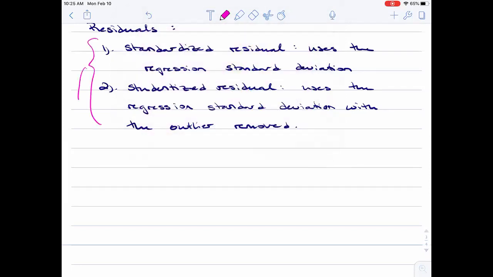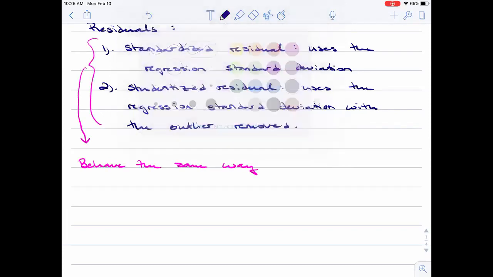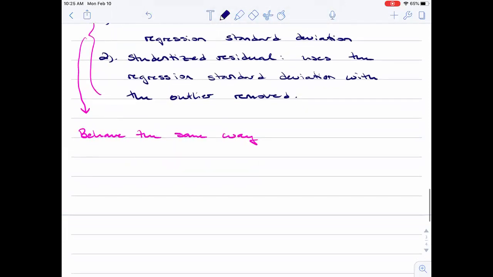Both of these, right? They both behave the same way. Any residuals beyond plus or minus 2, right? And that stems back to the 68, 95, 99.7 rule.